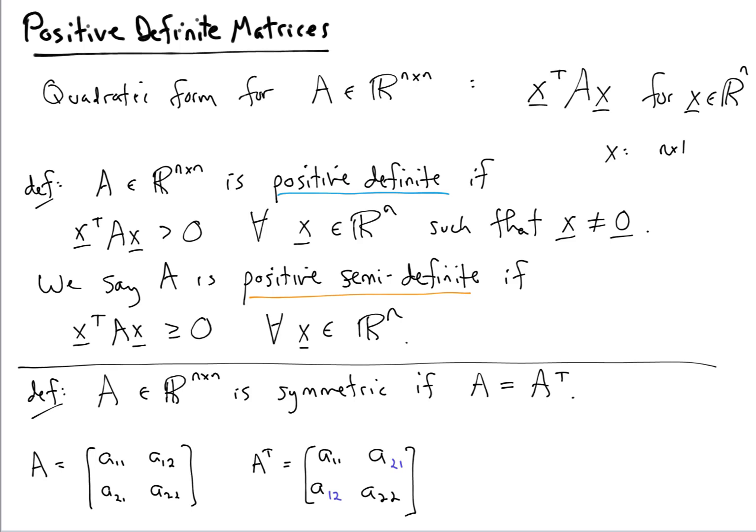If your matrix A is symmetric, then these off-diagonal entries have to match. In this case, A21 and A12 would be equal.